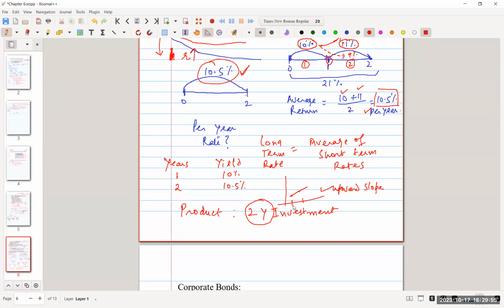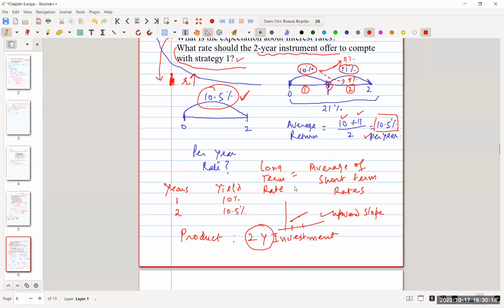Did you hear me well? I said financial instruments having different maturities will be perfect substitutes of each other. I hope you know what perfect substitutes are.